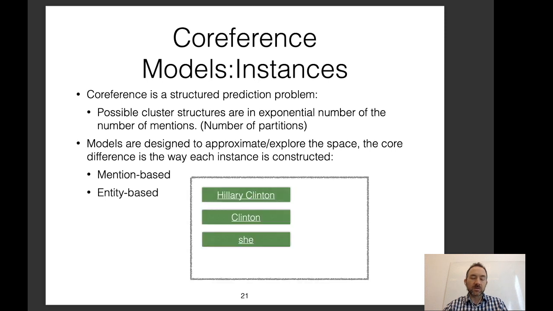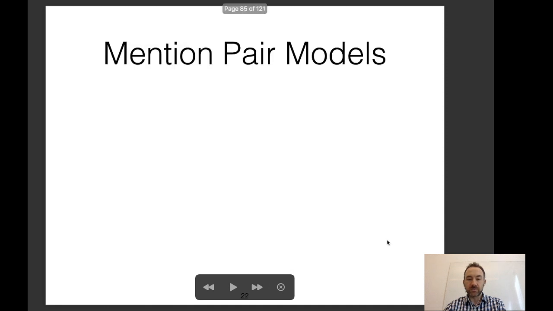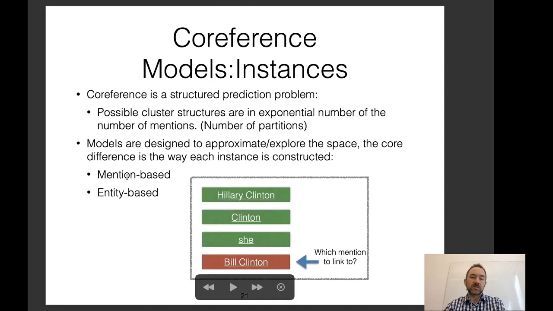And this can be important because if we have Hillary Clinton, Clinton, she, and Bill Clinton, and we look at which mention to link to, Clinton obviously is a pretty reasonable choice for Bill Clinton being linked most of the time. And because of this, a model that looks purely at mentions might get a bit thrown off here. So that's an argument for more sophisticated entity-based models.